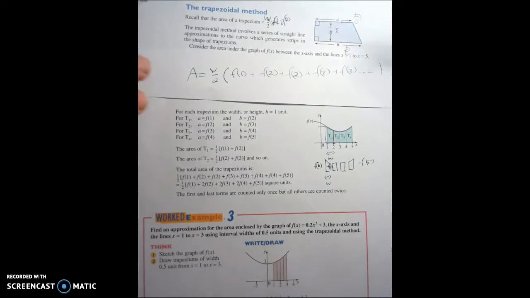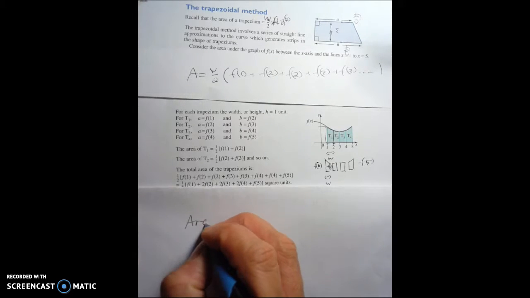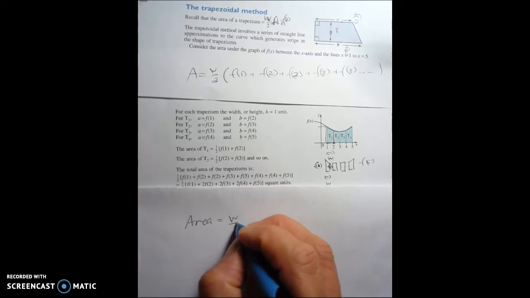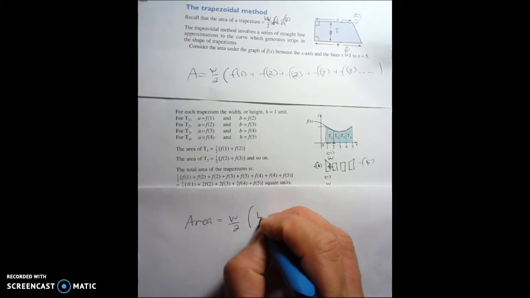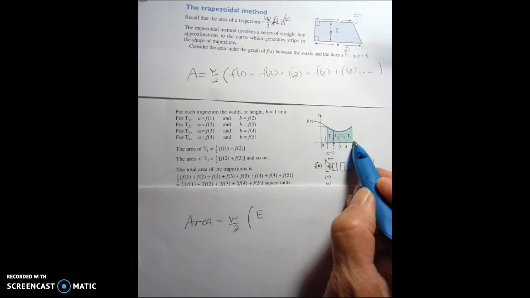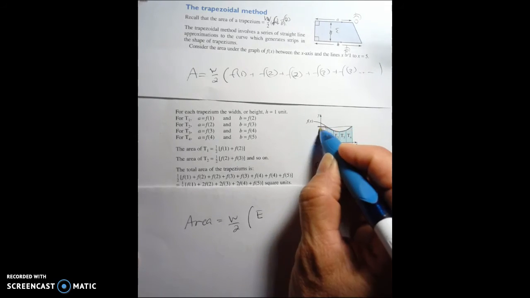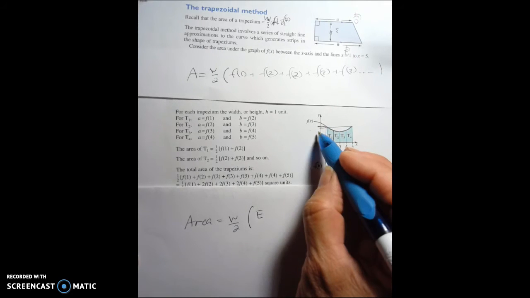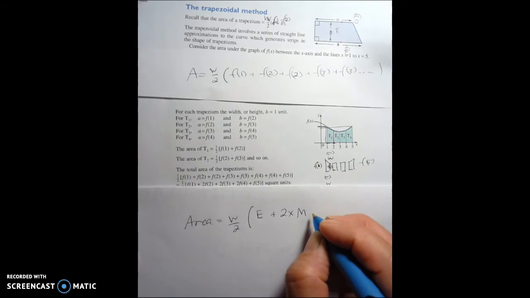Now, let's look at how we can summarize what this rule is. If we look at this, we can see that our area is our width divided by 2, or half of our width, multiplied by the sum of our first and last values, which occur once, so our function of x at the beginning and our function of x at the end, or our y values, plus 2 lots of the sum of our middle values.